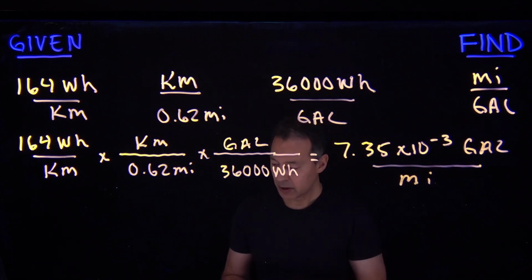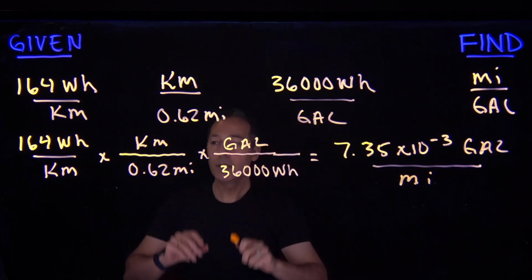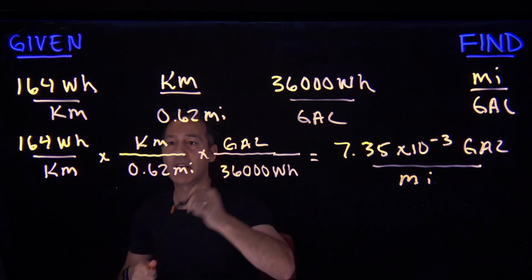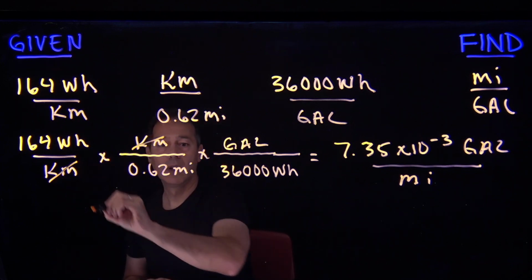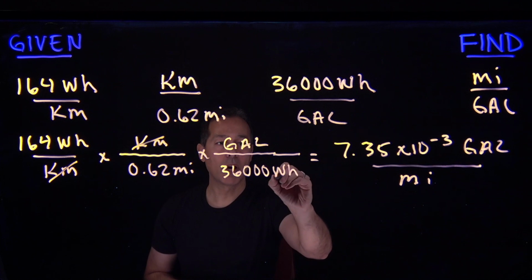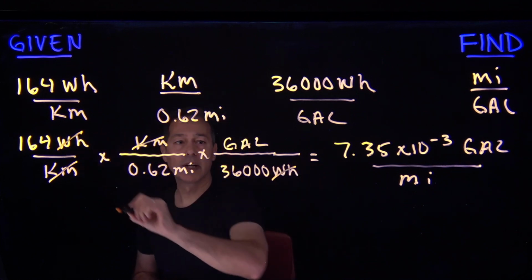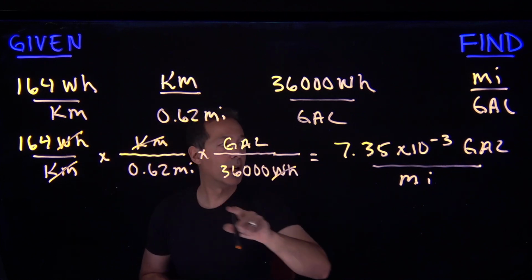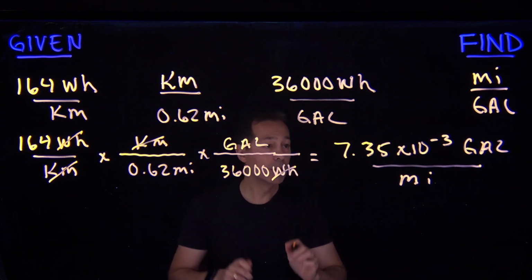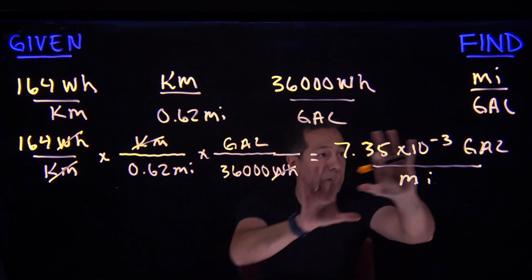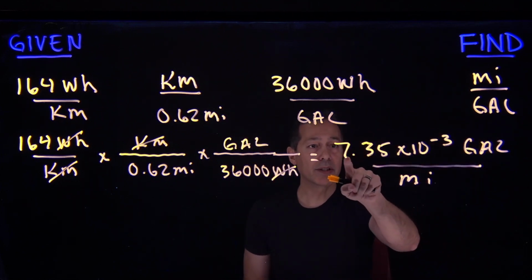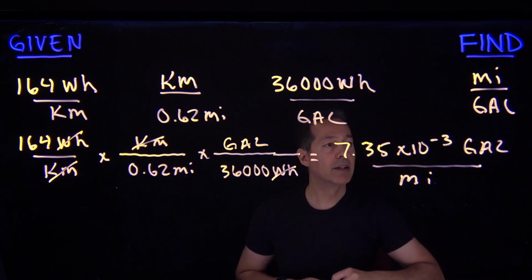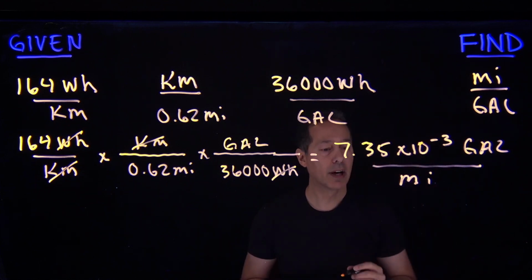And how do I know that? Well, if I look at my units here, I can see my kilometers cancel out, and I can see that my watt hours cancel out, and I'm left with gallons per mile. Gallons per mile. Okay, so these are my units, gallons per mile, 7.35 times 10 to the minus third there.